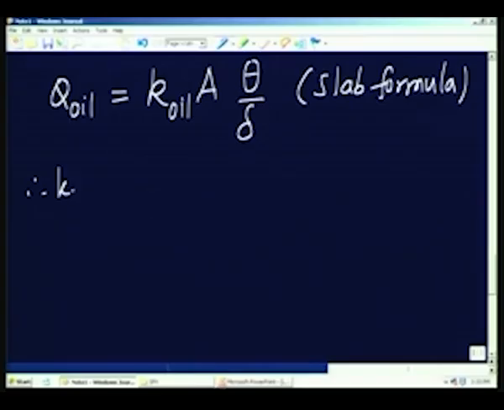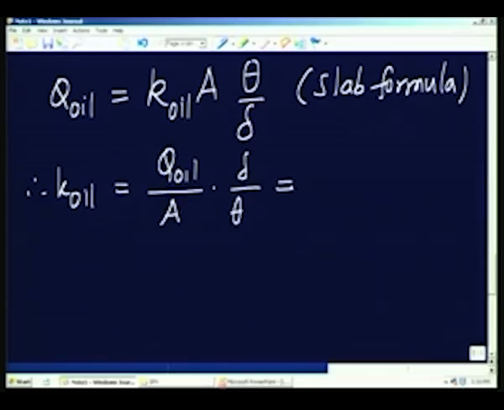Therefore, I can say K of oil is equal to Q divided by A multiplied by delta by theta, and all I have to do is substitute all the values. This will be 28.65 multiplied by delta, which is 0.3 into 10 to the power of minus 3. It is given in millimeters, so I have to convert it to meters.